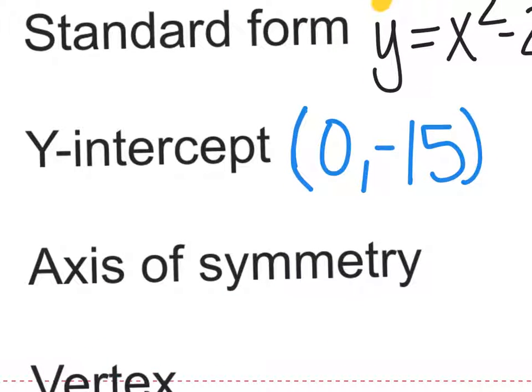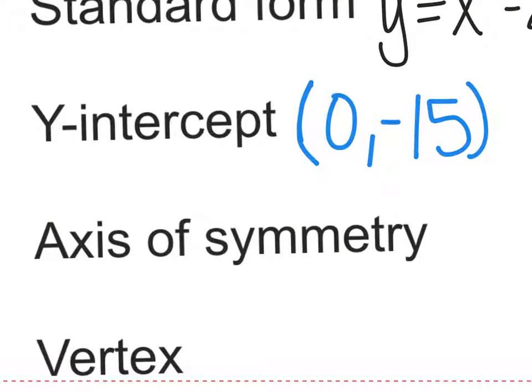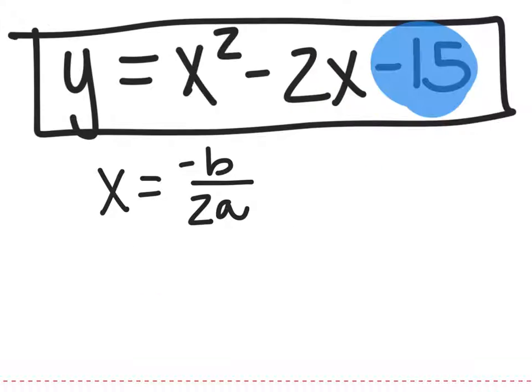The next thing I'm looking for is my axis of symmetry. To find my axis of symmetry, I'm going to use the formula x equals negative b over 2a. In this formula, b is the number in front of x, and a is the number in front of x squared, which in this case would be 1.